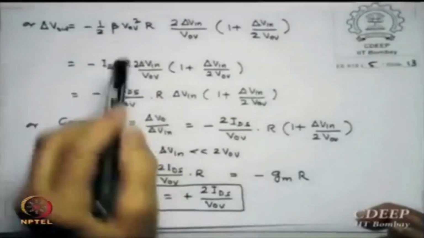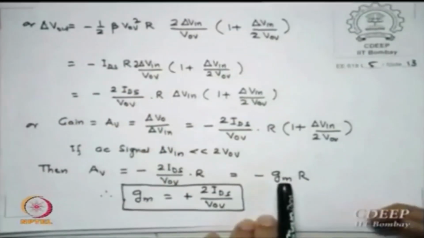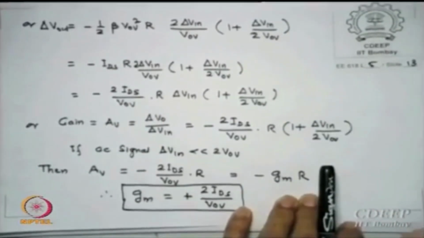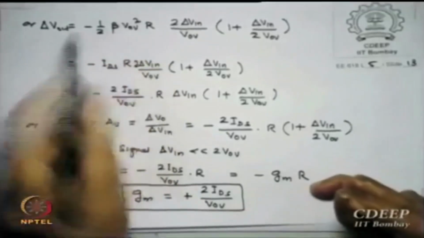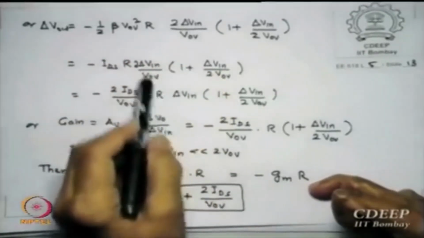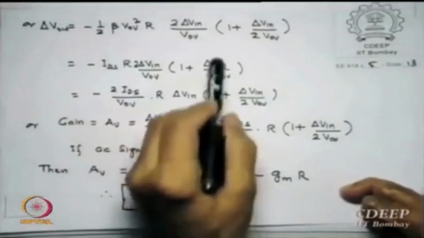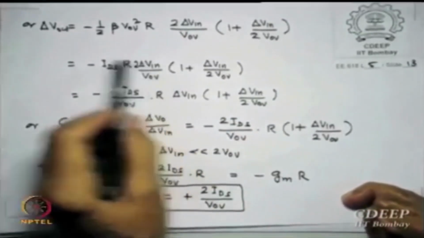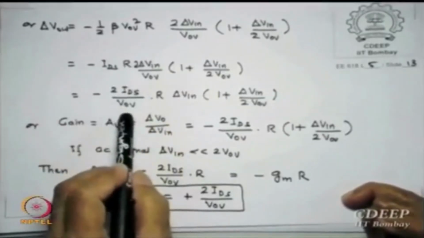What is this half beta VOV square? It is the DC value of IDS without signal, that is what VOV square we started with. So this is IDS, 2 delta V in R by VOV plus delta V in by 2 VOV. This becomes 2 IDS by VOV. Is that clear?